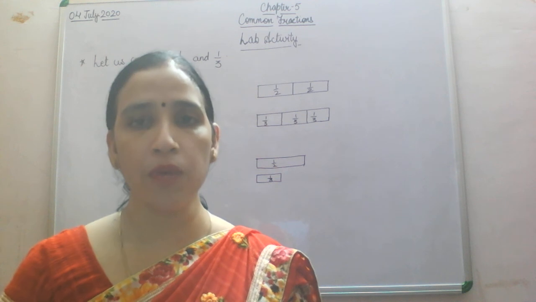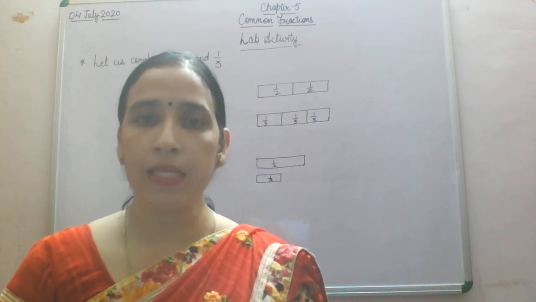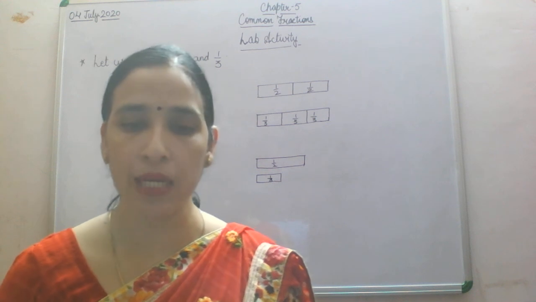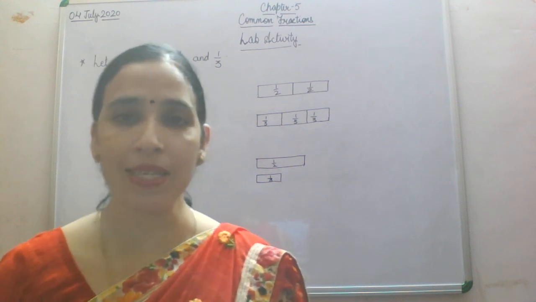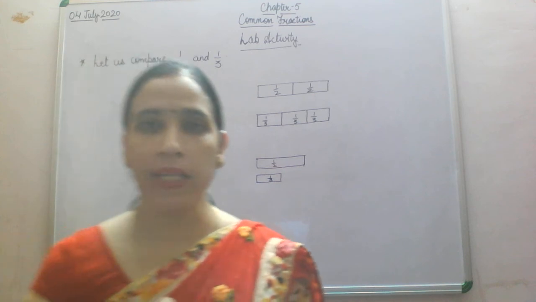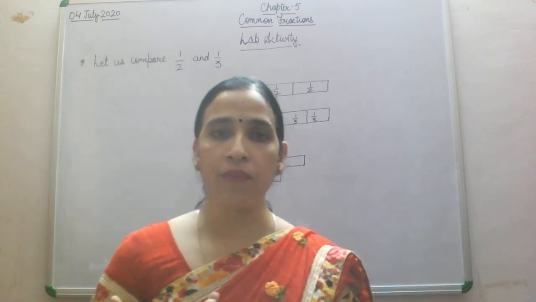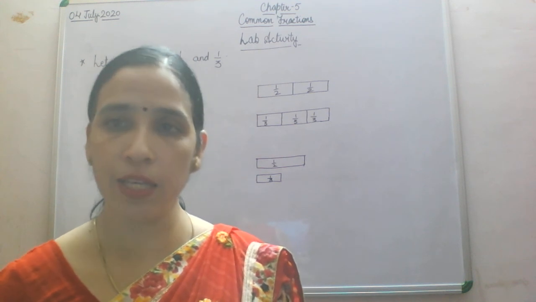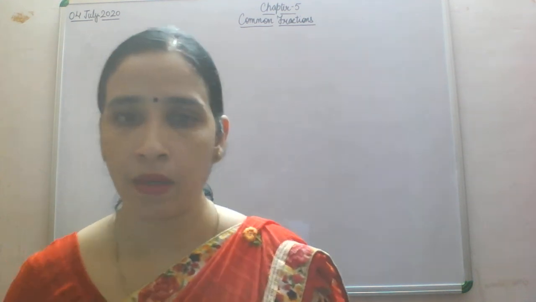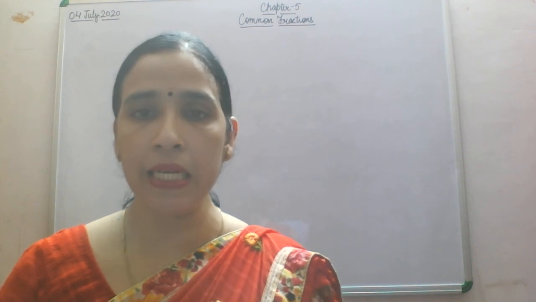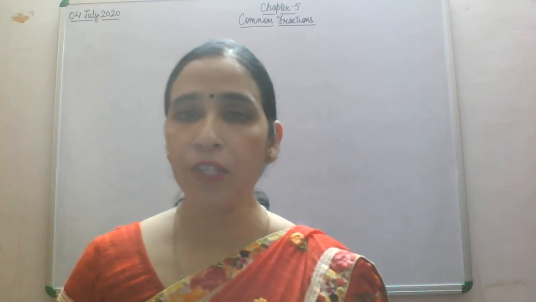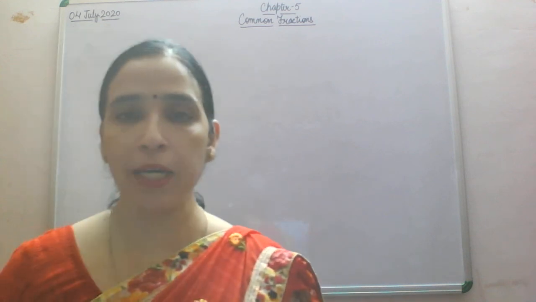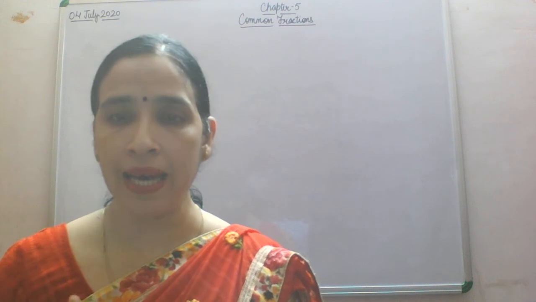So children, let's take an introduction of what we are going to do tomorrow, that is fractions in their lowest terms. So what is that, fraction in its lowest term? Let's see a few things. A fraction is in its lowest term if its numerator and denominator cannot be divided by a common factor except one.